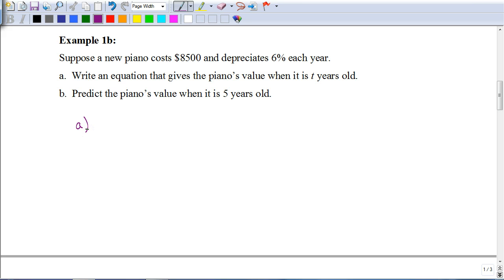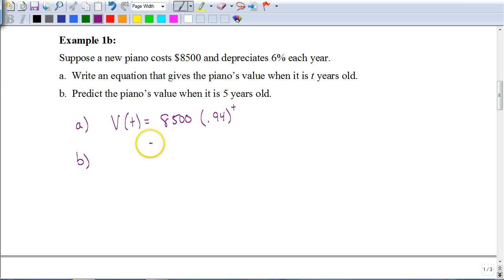Okay, so for this first part, we have the value after a certain amount of time. For this piano, it cost originally $8,500. And it's depreciating by 6% each year. That means its value is 94% of what it was previously, to the t power. So there's your answer for part A. That's what you should have gotten.